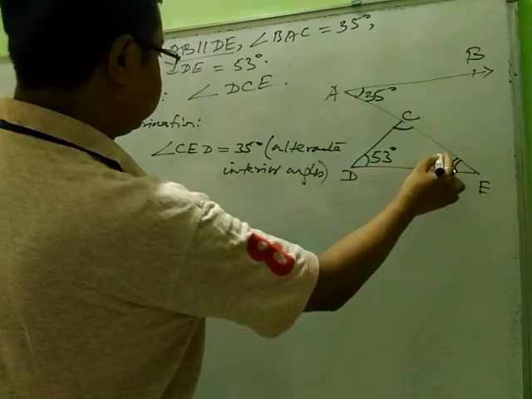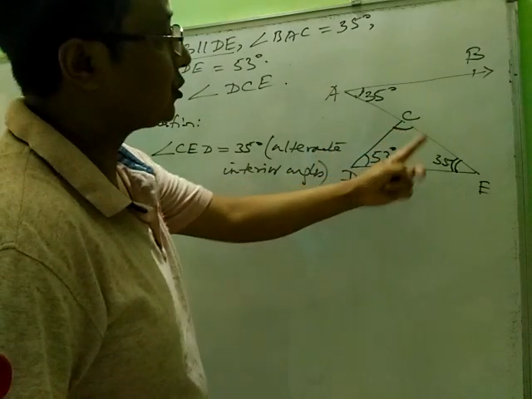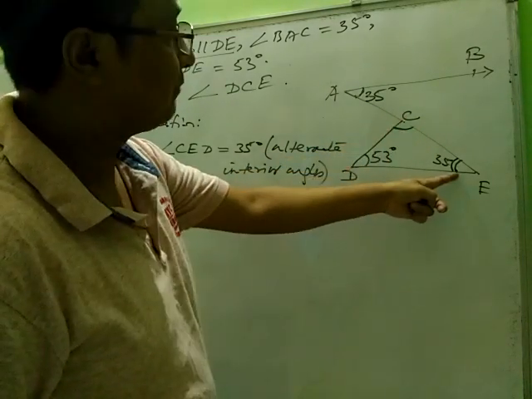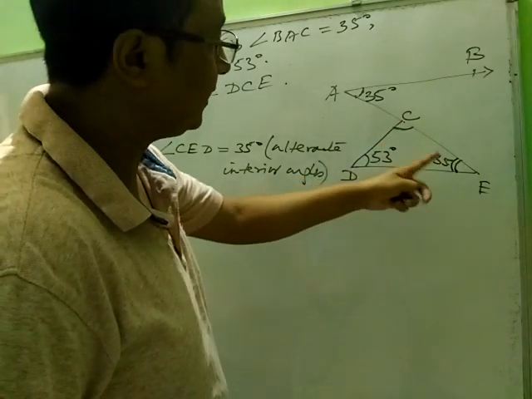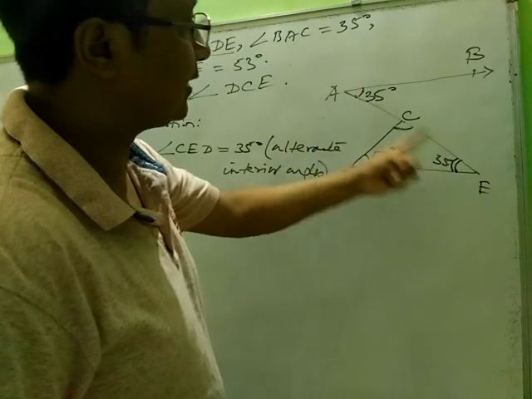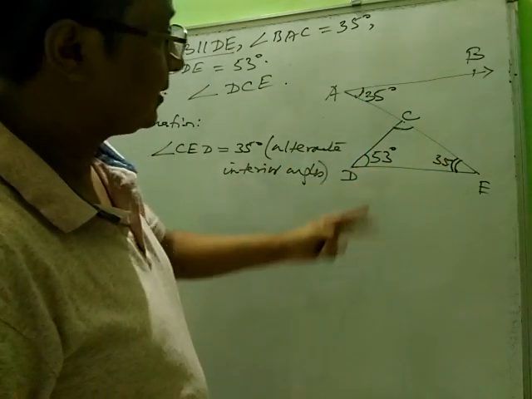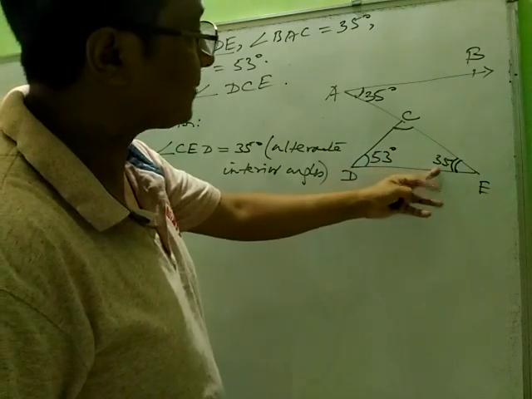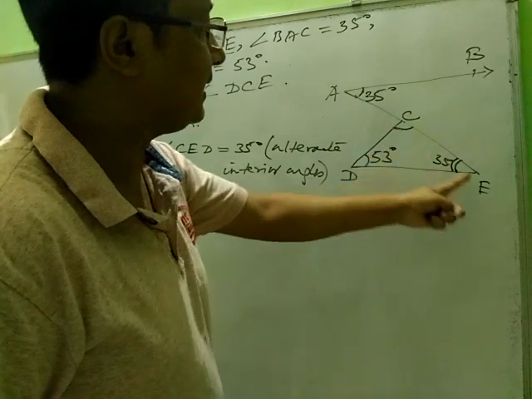Now you got this as 35 degrees. To get this angle, this is a triangle, so the sum of these three angles will be 180 degrees. You got this angle due to alternate interior angles, and they have given this angle as 53 degrees. By adding these two and subtracting from the total sum, you will get angle DCE.